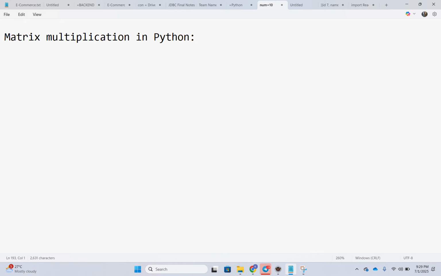They are data science or advanced concepts, so don't worry. If possible, I'll try to cover those topics also, and give you an idea or a brief skeleton of them. As of now, this is matrix multiplication in Python.